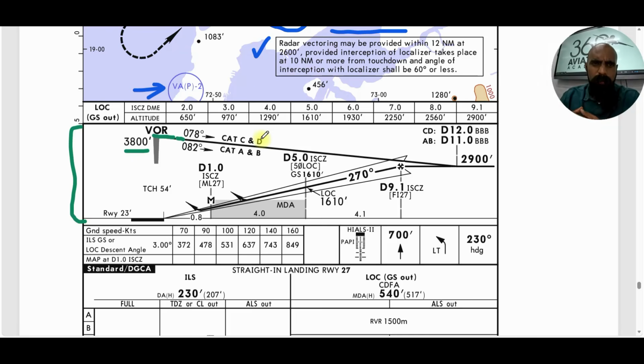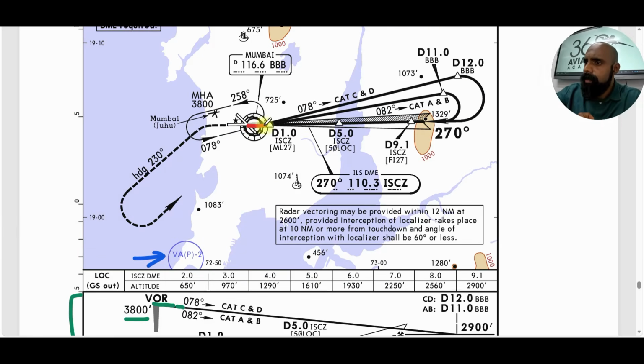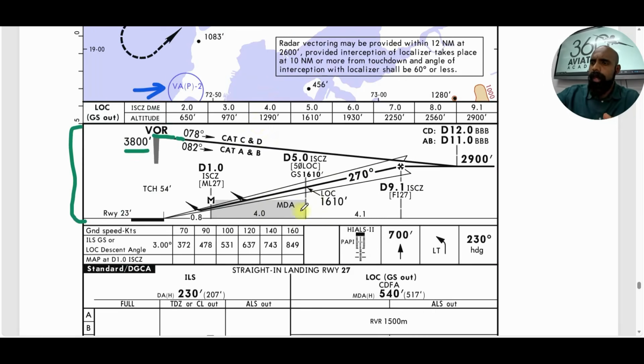That depends on your approach speed, and you maintain 082 if you're flying a Cat A and B aircraft. So if you're doing a Cat C, you fly 078, right? And if you're flying a category A or B aircraft, you fly 082, right? So again, that's the information that they're trying to show you over here.